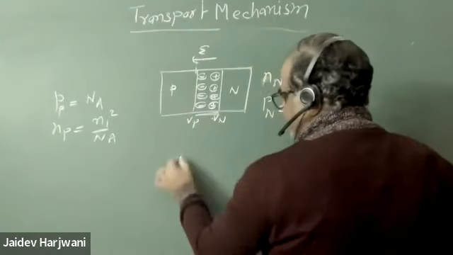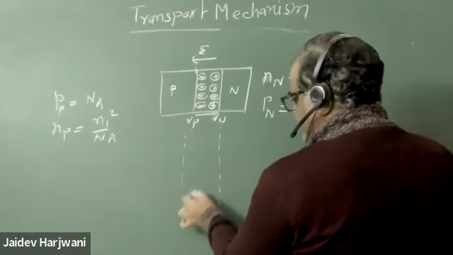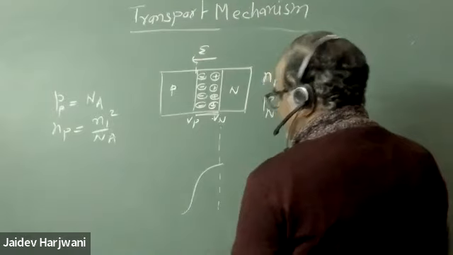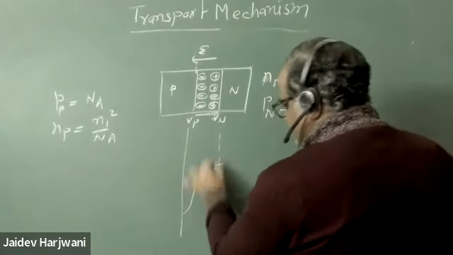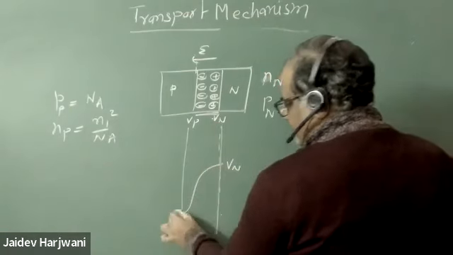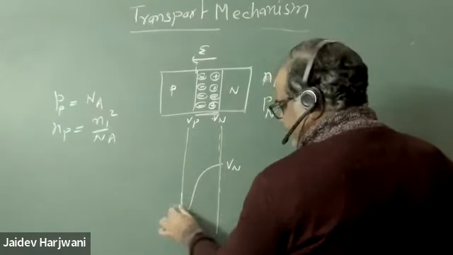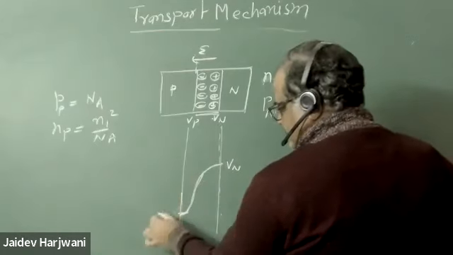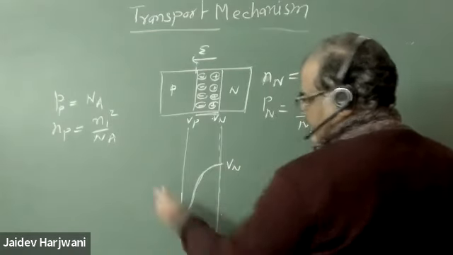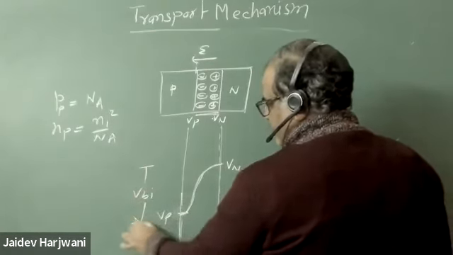From here to here, at the junction, there is a potential difference. So this is your Vn and this is your Vp, and the difference of this Vn and Vp is called your VBI. This is your VBI.